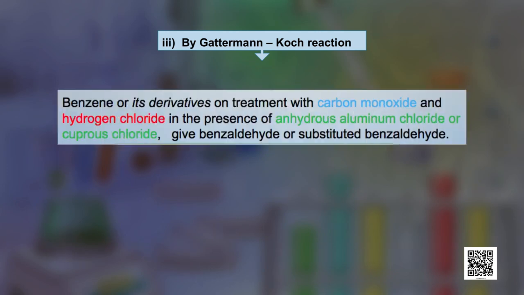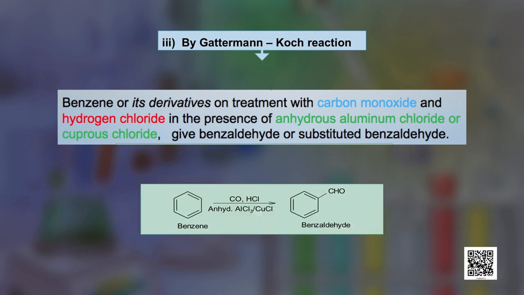And the third reaction is Gattermann-Koch reaction. Here in this reaction, benzene or its derivatives on treatment with carbon monoxide and hydrogen chloride in the presence of anhydrous aluminum chloride or cuprous chloride give benzaldehyde or the substituted benzaldehyde, as is shown here in the example.